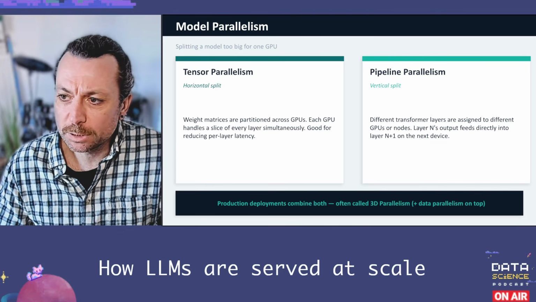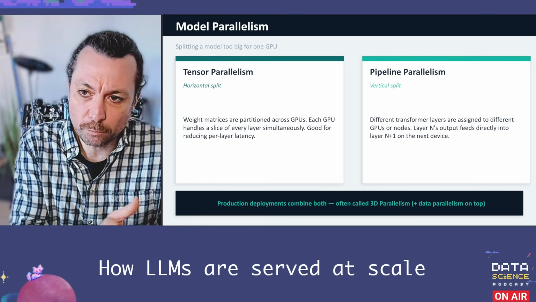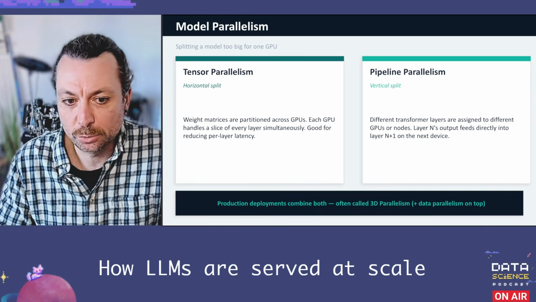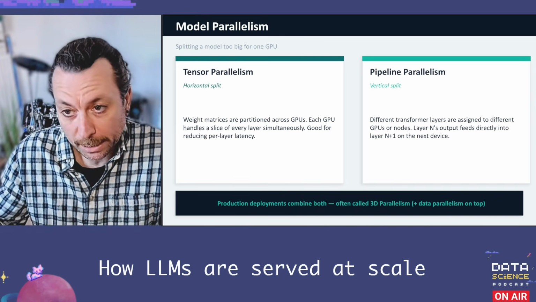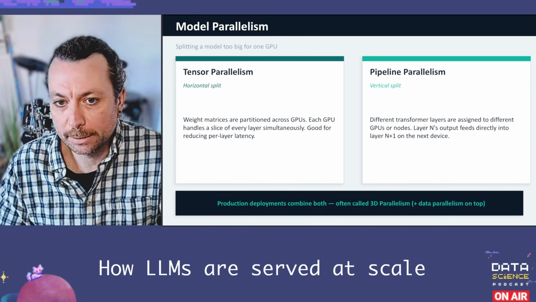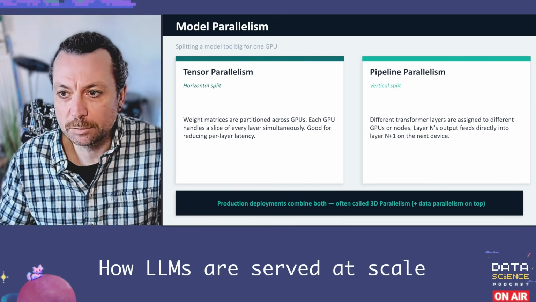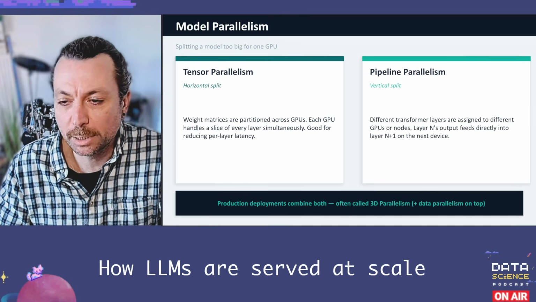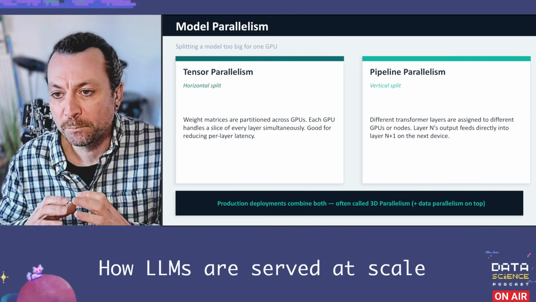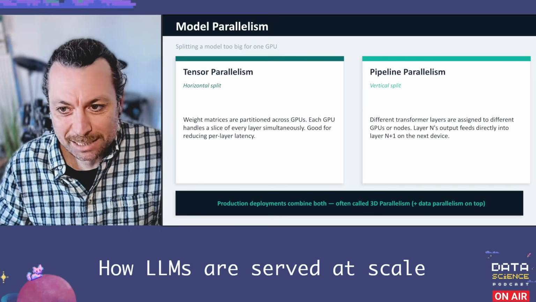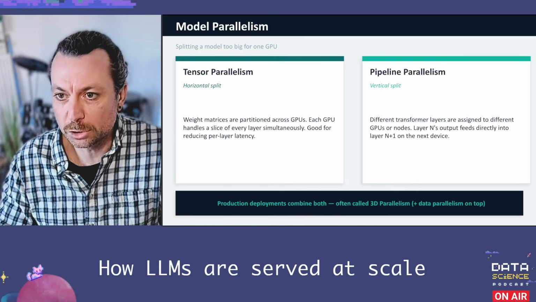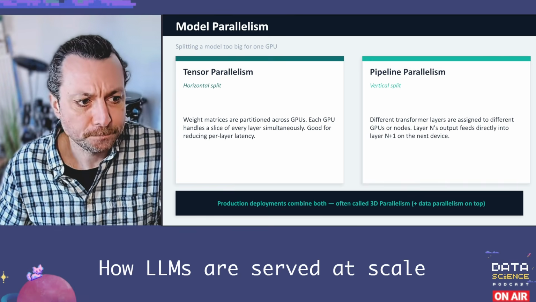Now, what happens here is that the output of layer n is typically fed directly into the next layer, on the next device, on the next node, and so on, right? So these are the two forms of parallelism that computer engineers take into account for any type of service at scale, not just large language models, all right?